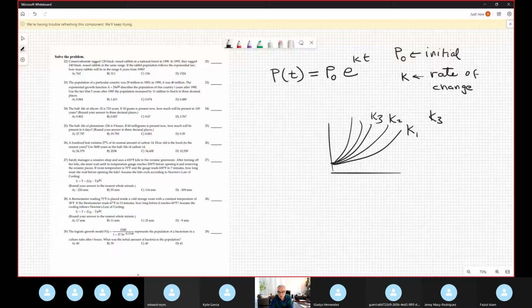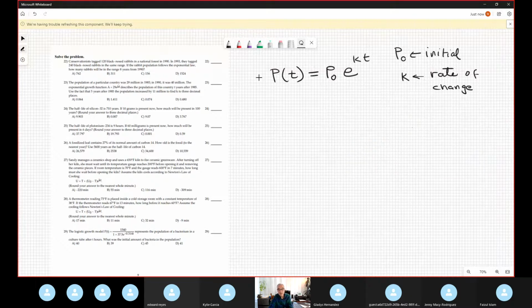K3 is bigger, so it increases faster. Now you need to determine, according to the condition of the problem, what the actual answer is. For this reason, the problem always gives me a condition 1. Condition 1 allows me to find the k value, and condition 2 is the solution for the problem.